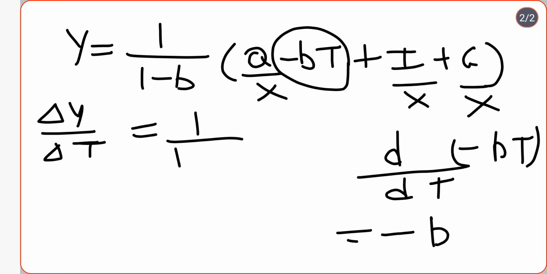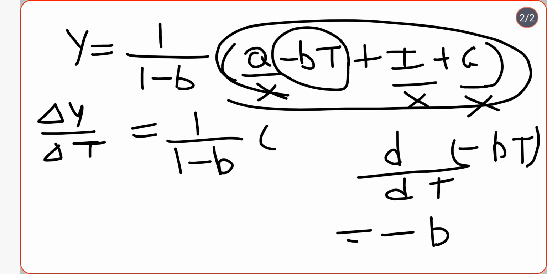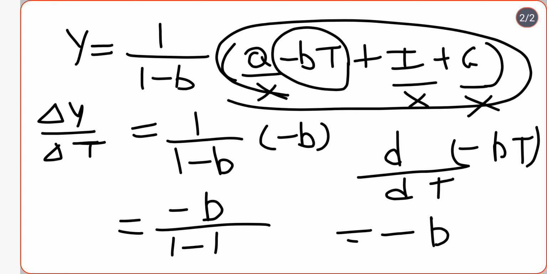So 1 by 1 minus b will remain outside as a constant, and after taking the derivative of this entire part we will get minus b. So minus b divided by 1 minus b, this is our tax multiplier. What is it known as? It is known as the tax multiplier.